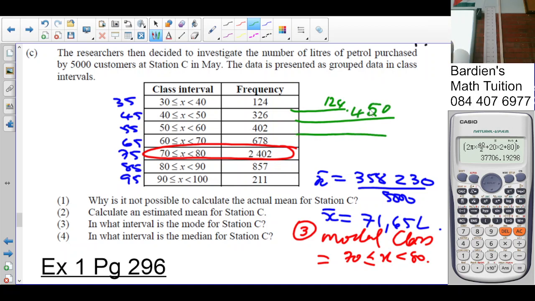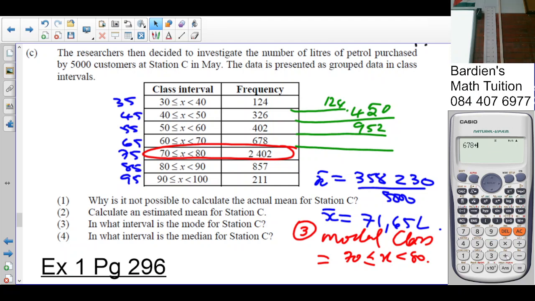At the end of this class, 852. 678 plus 852, 1530. Is that correct? 1530 plus 2402, 3932.